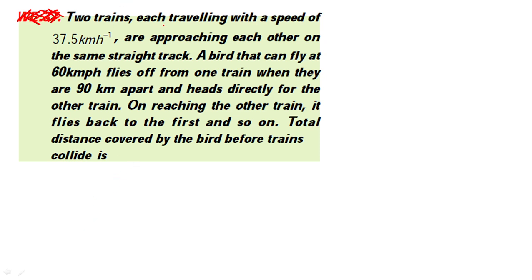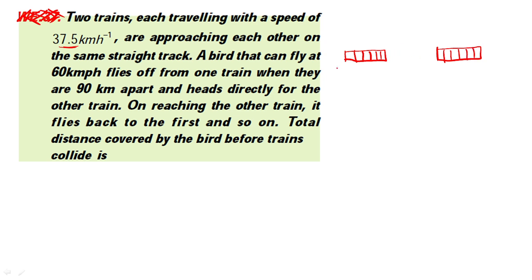The train is traveling with a speed of how much here? 37.5 kilometer per hour. Yes or no? The two trains are there like this. One train is like this, another train is like this. They're in exactly opposite directions.